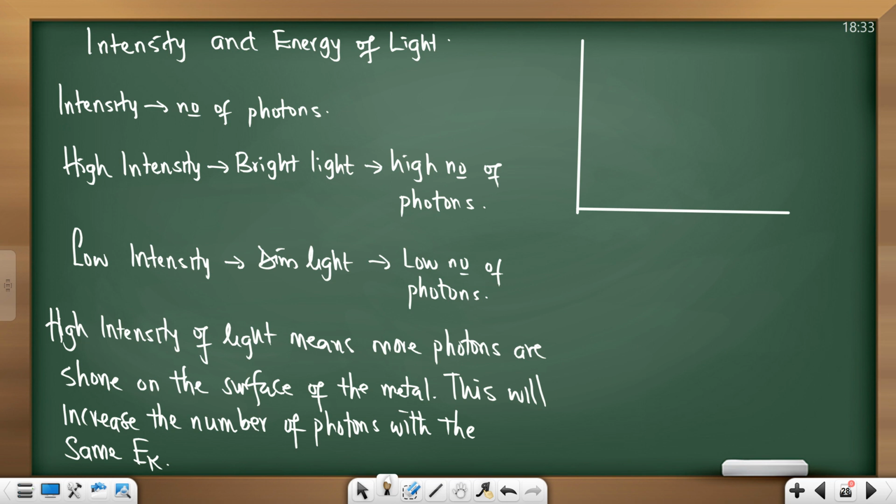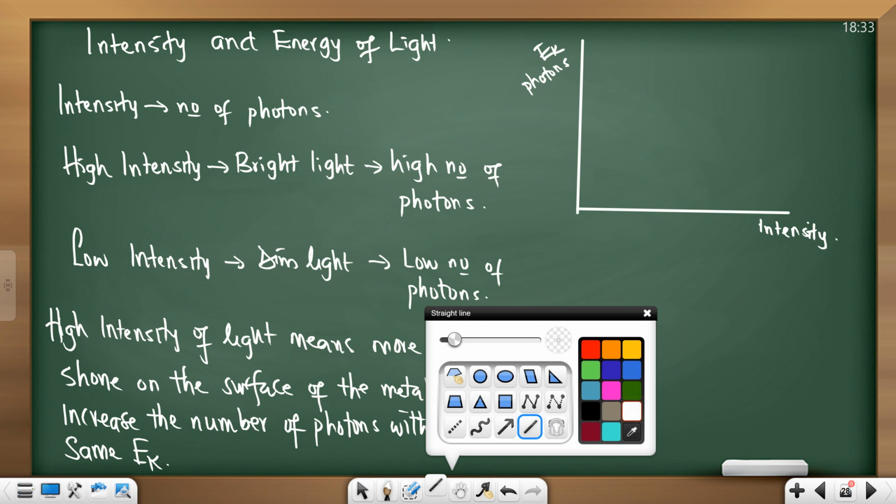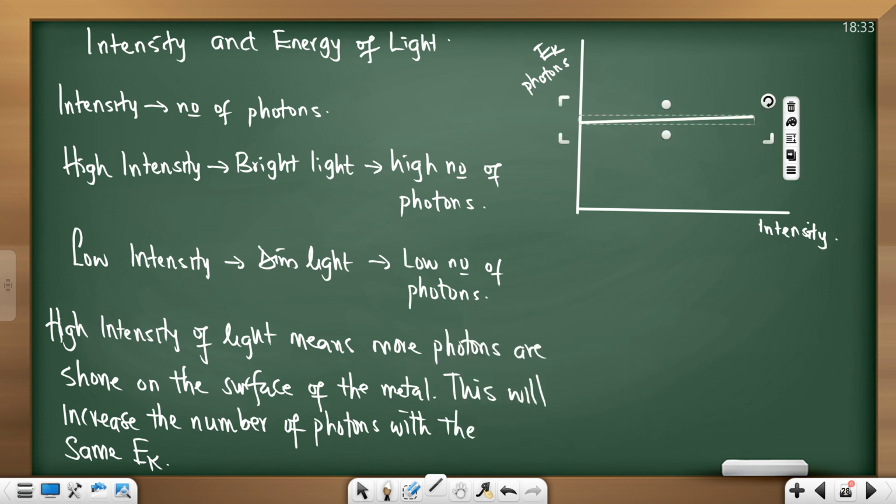This is intensity. And this is kinetic energy of photons. The kinetic energy is going to remain the same. So what will my graph look like? There we go.